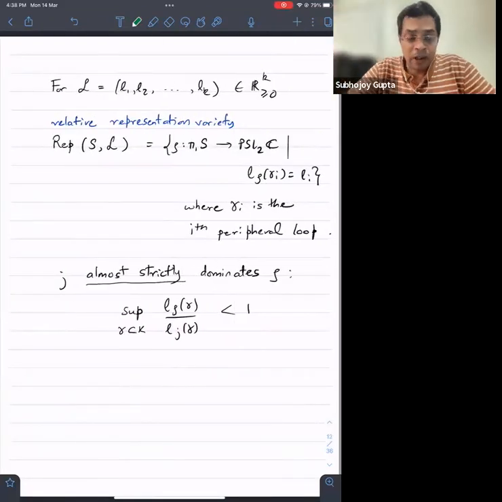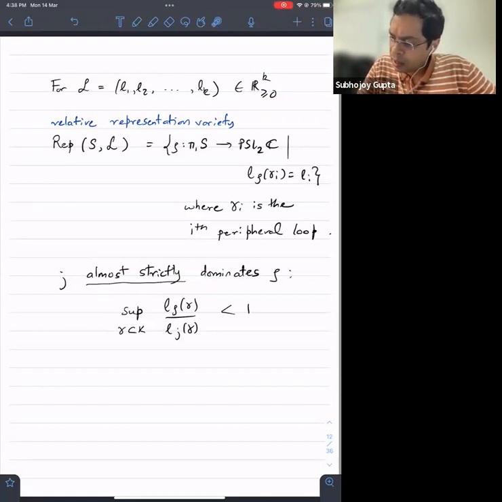So I'll mention strip deformations again. If you restrict to the relative representation variety, this is where you fix the length of the peripheral curves. You have a tuple of k real numbers. It could be 0, for example, if you have a parabolic element, its translation length is 0.